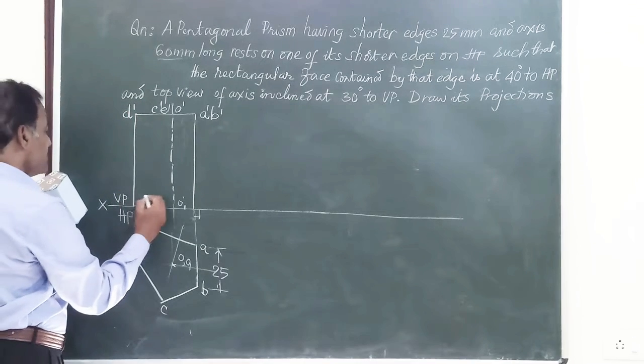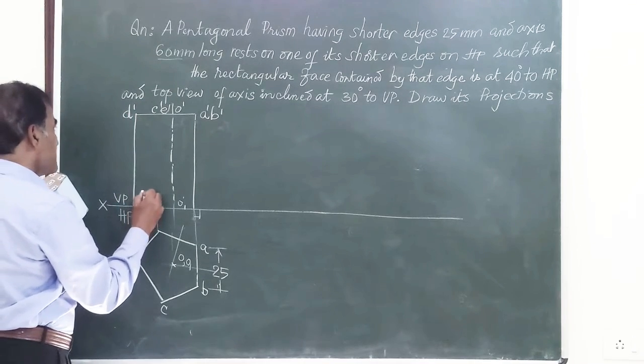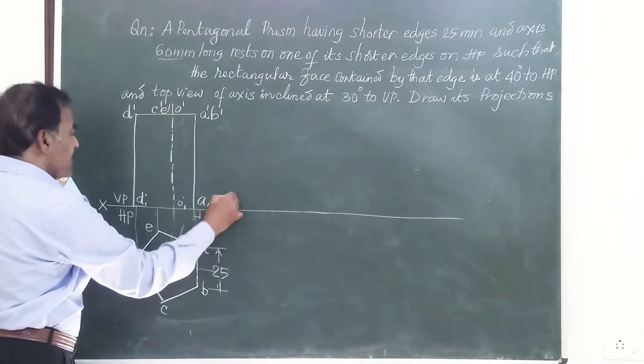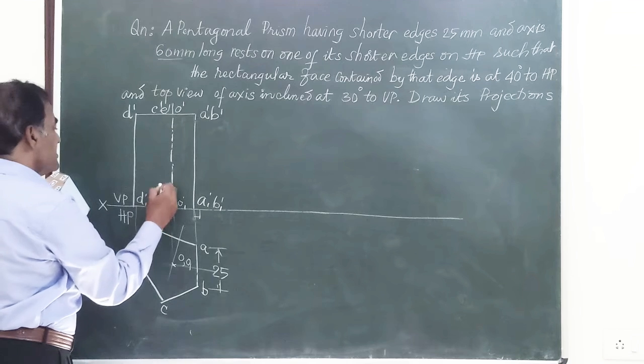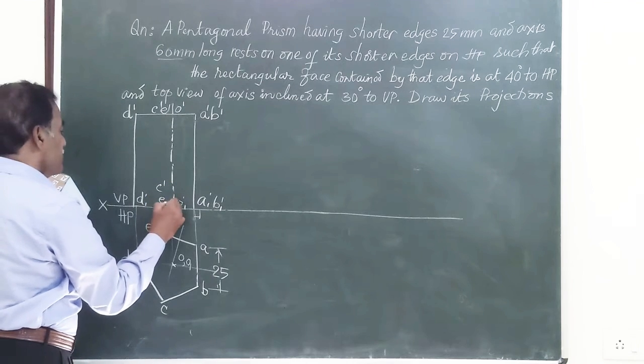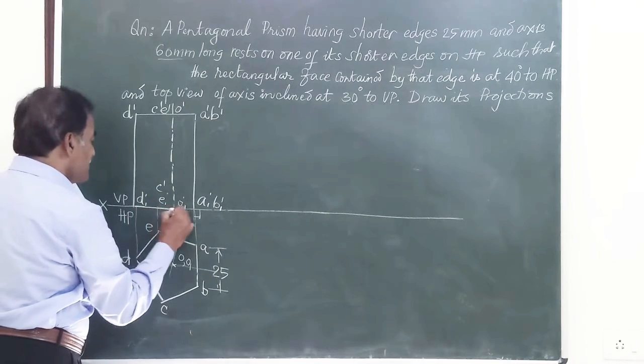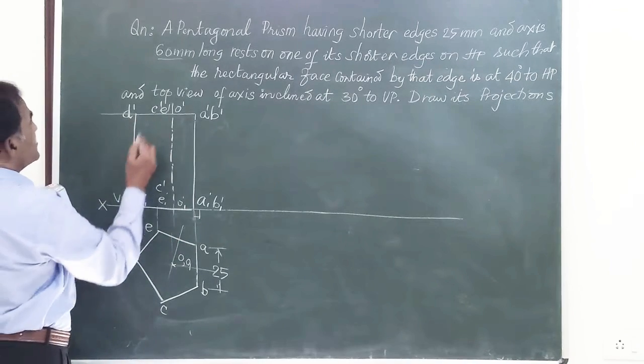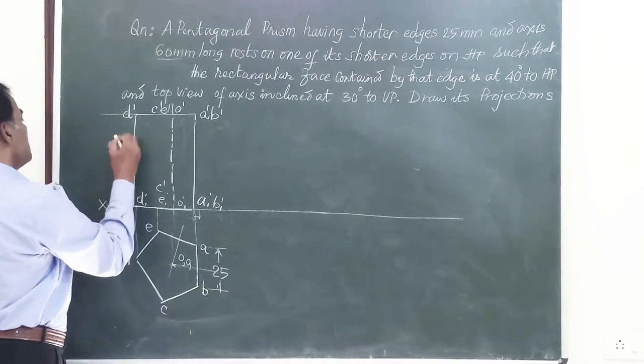Similarly for the bottom face, this is A1 dash B1 dash, the center one is C1 dash, E1 dash. So we have got the front view of the solid having a height equal to 60 mm.